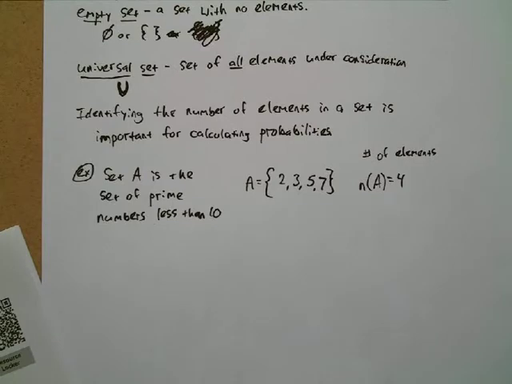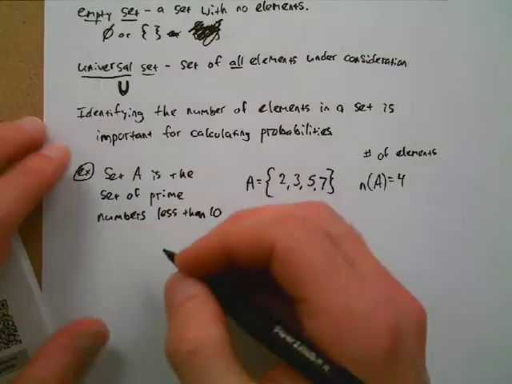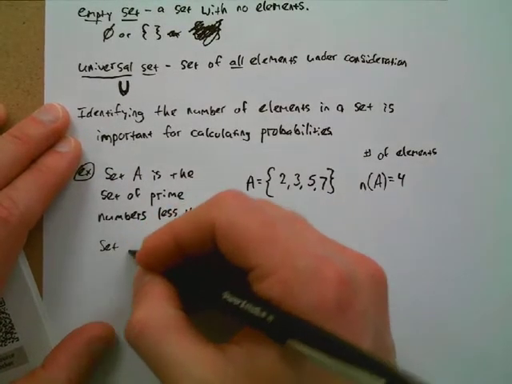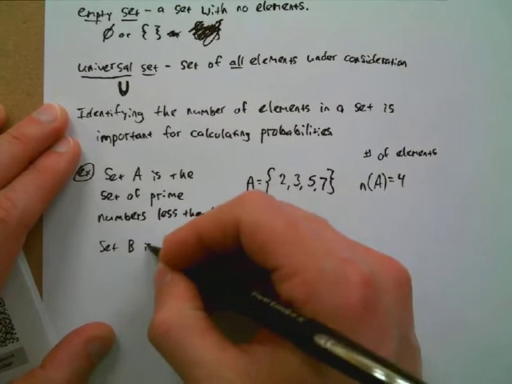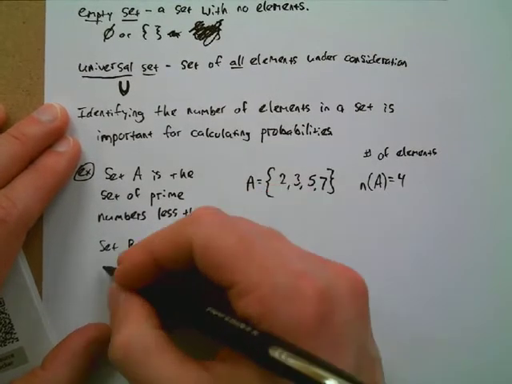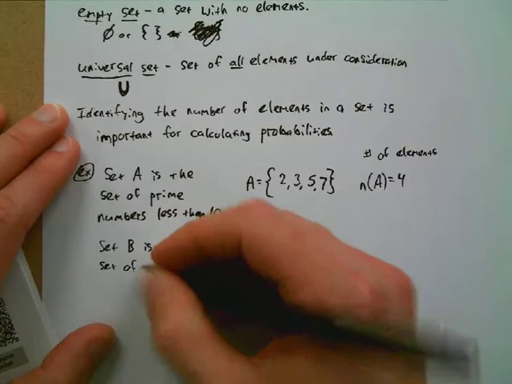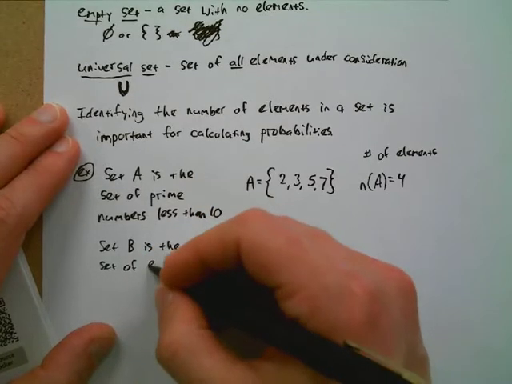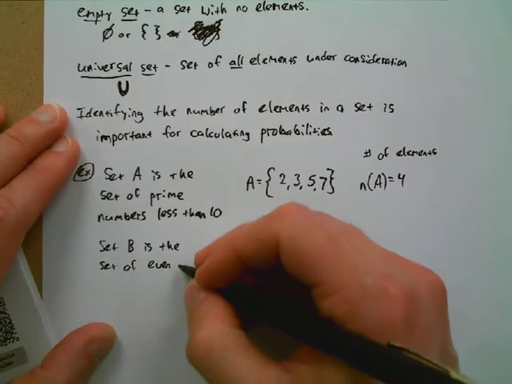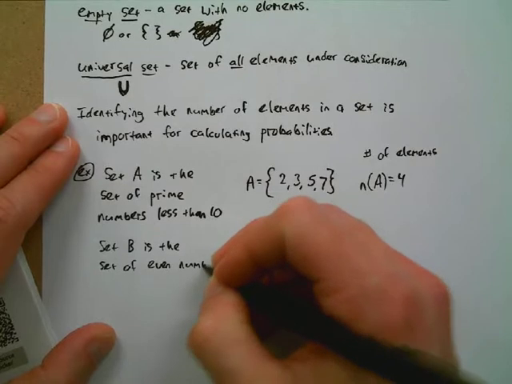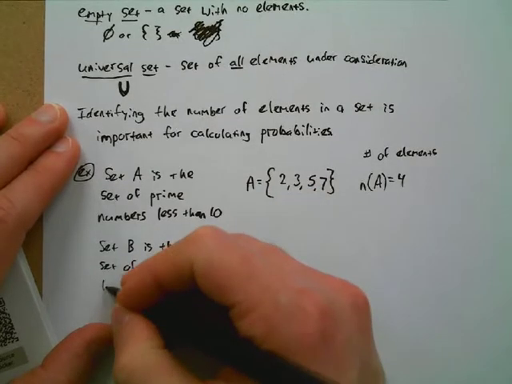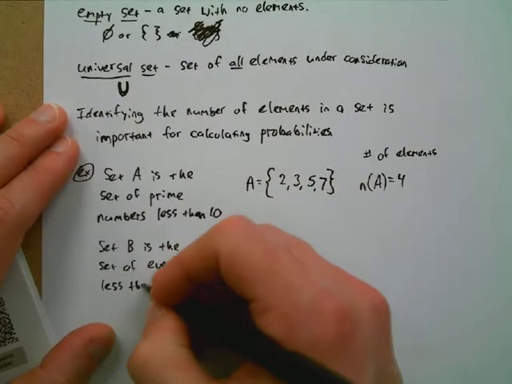All right, here's a couple more for you to try. Set B is the set of even numbers less than 10.